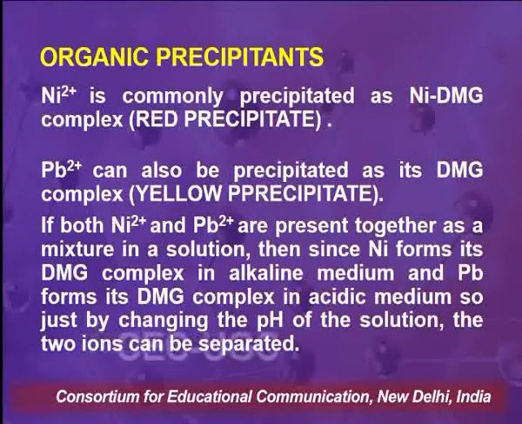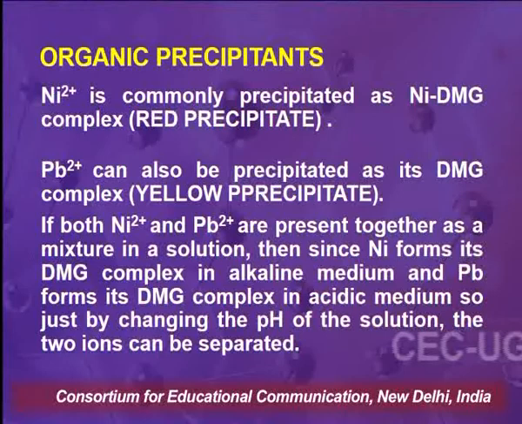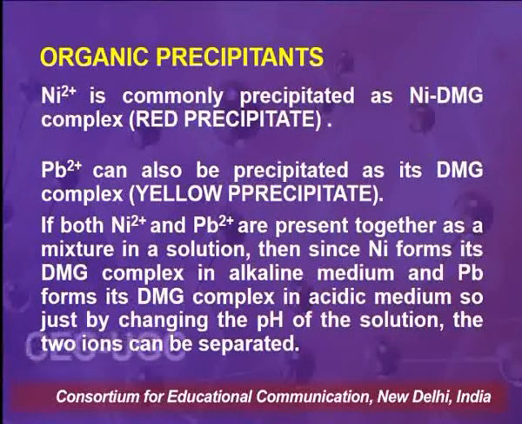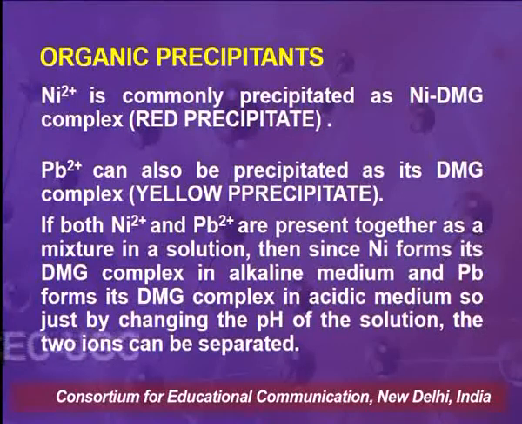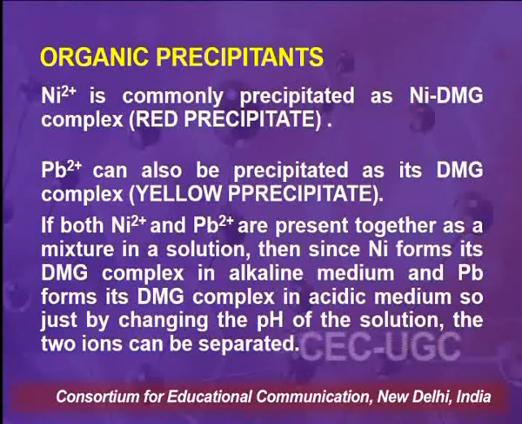And after nickel ions have precipitated, and once we have checked for complete precipitation, then the medium can be changed by adding excess of mineral acid, so that lead forms its DMG complex and precipitates out in the acidic medium. So, in this way we have got both nickel as a red precipitate and lead as a yellow precipitate by using the same precipitating agent in the same solution.